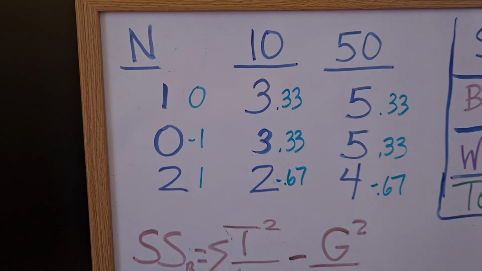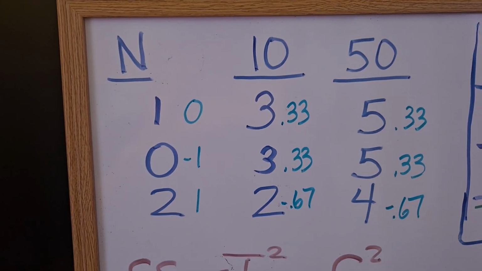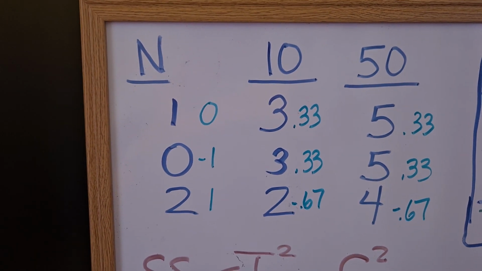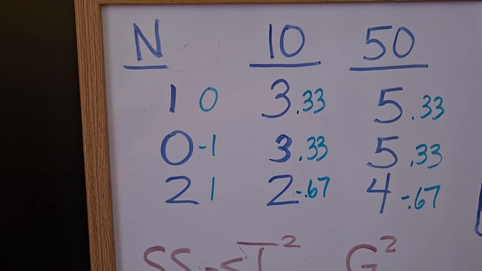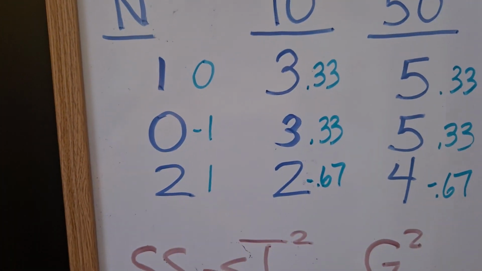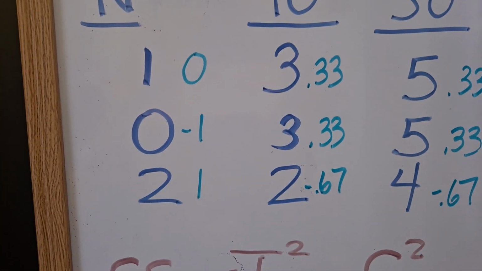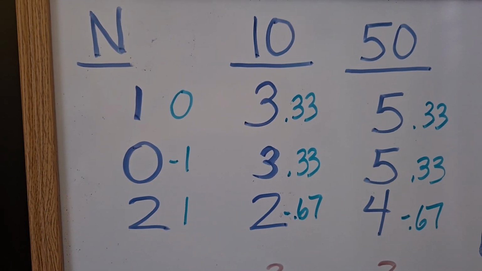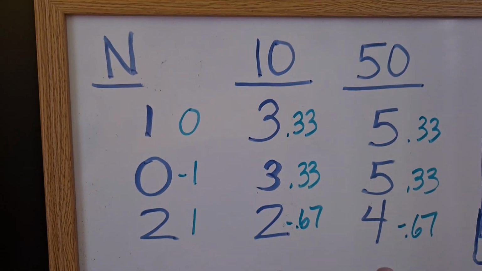All right, so I'm going to get a little closer to the board here to show us how we're going to get those sum of squares that we're going to add up to get our sum of squares within. For each group, I erased the none over here just to make more room. For each group, we have to subtract the mean from each score. We compute the deviation score, which is the score minus the mean.